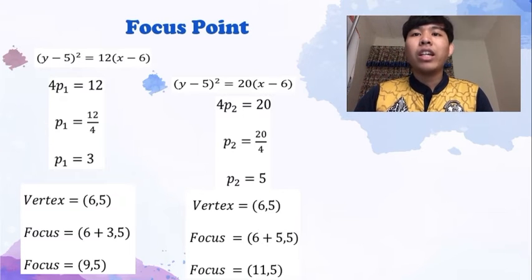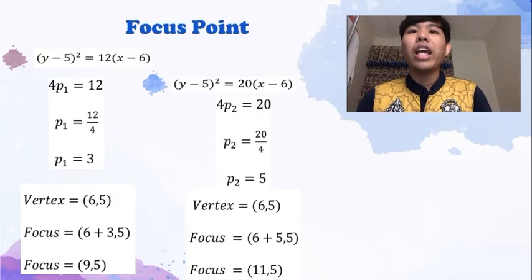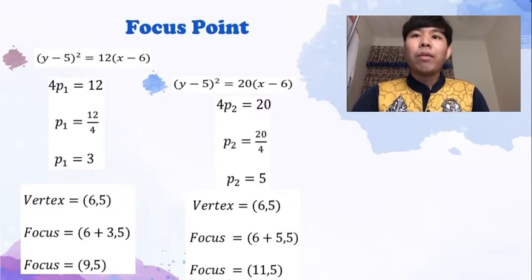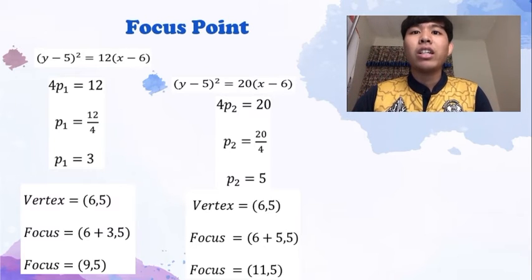Second, we get 4P2 equals 20. So we rearrange, and we get P1 equals 3 and P2 equals 5. The focus is found for equation 1 by moving 3 in the direction the parabola opens. Then for the other equation, by moving 5 away from the vertex in the direction the parabola opens.